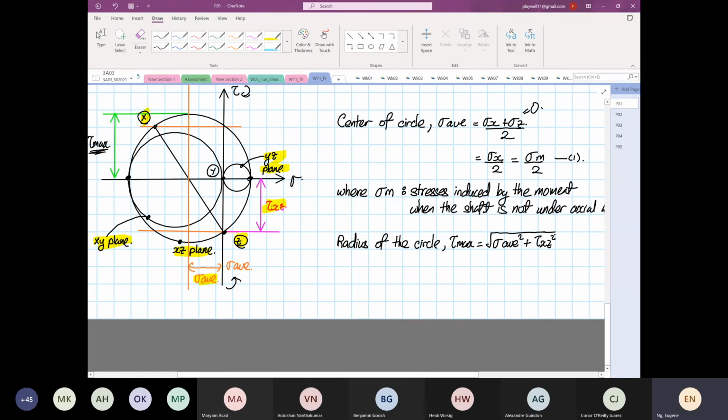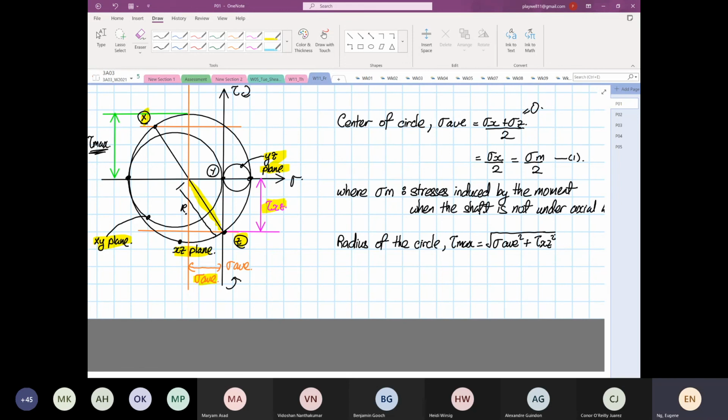So we are taking these two distances, and this is the radius that we are trying to find. This line is the radius like what I showed you yesterday. The radius of the circle is our tau max.